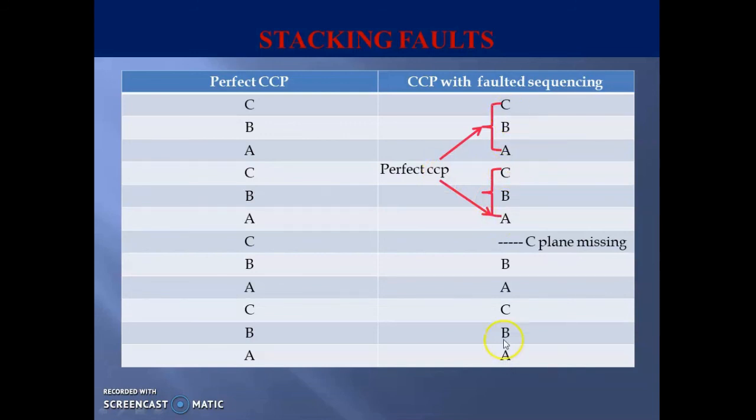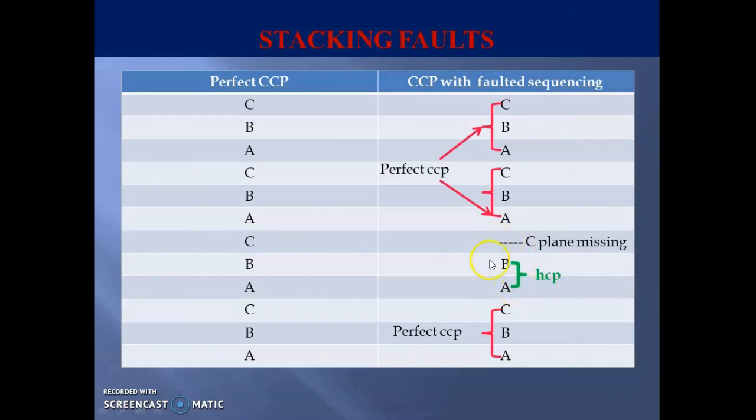And below also, as you can see here, it follows ABC packing corresponding to perfect CCP arrangement. But look at this local area where the C plane is missing, or the area of fault or the area of dislocation. We can see only AB type of arrangement. That would correspond to an HCP arrangement.